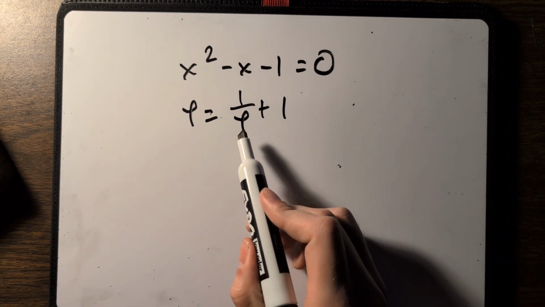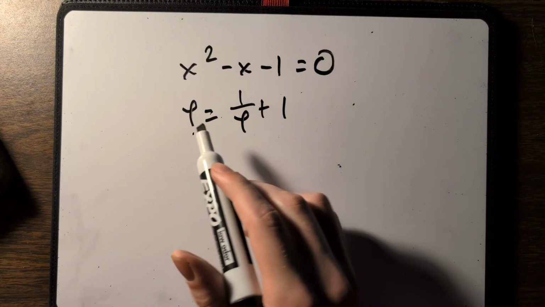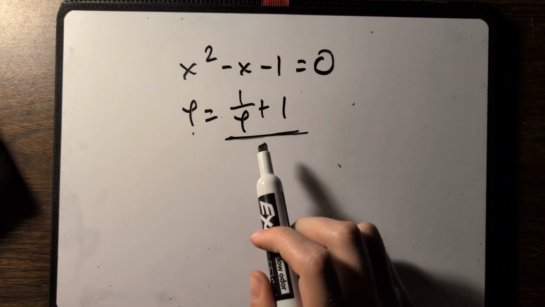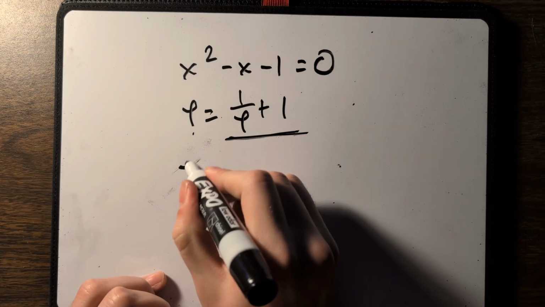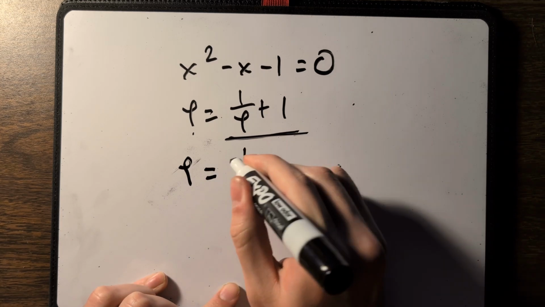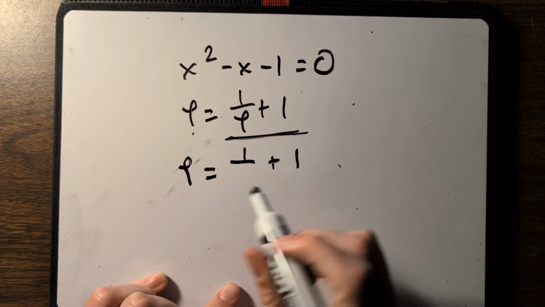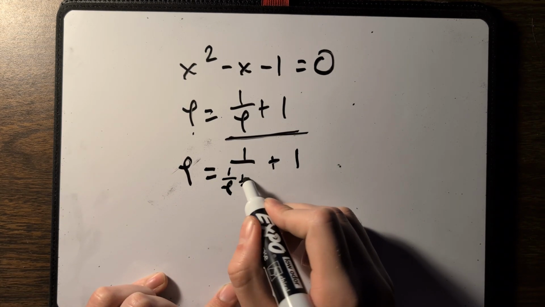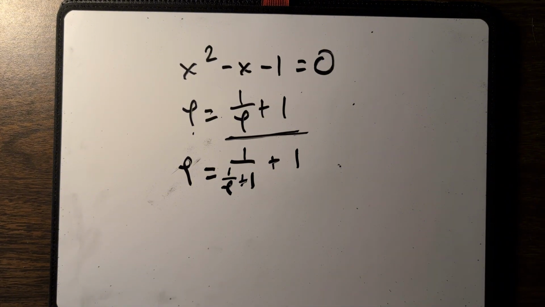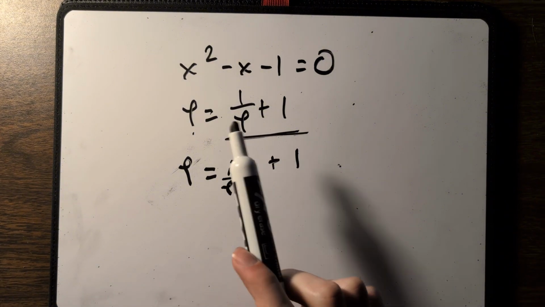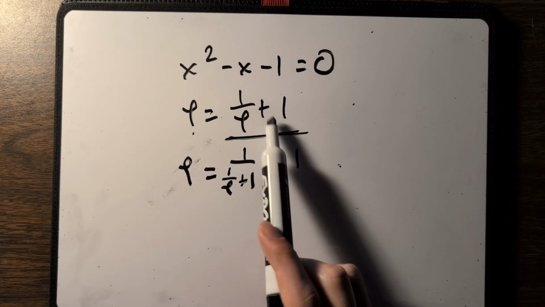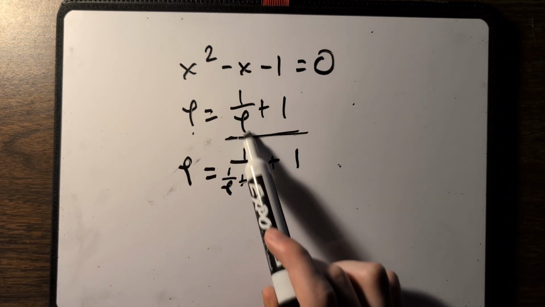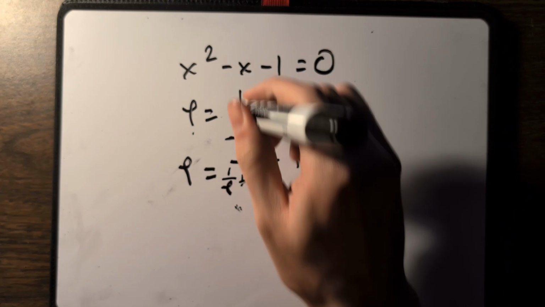If we expand this out by noting that phi equals this whole thing, we replace the phi down here with this, right?